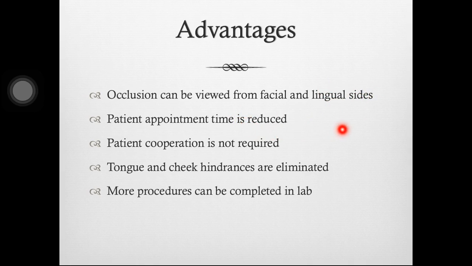Patient appointment time is reduced because most of the work has been done over the articulator, and only small adjustments are taken in the patient's mouth. Patient cooperation and tongue and cheek hindrances are eliminated, and more procedures can be completed in the lab.